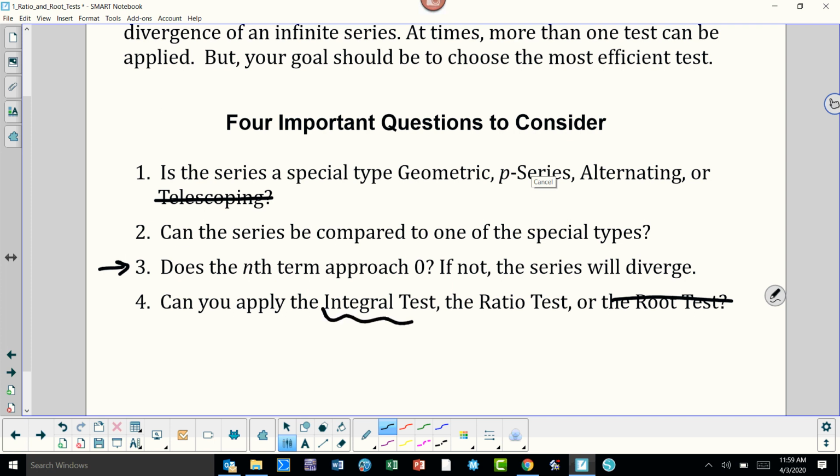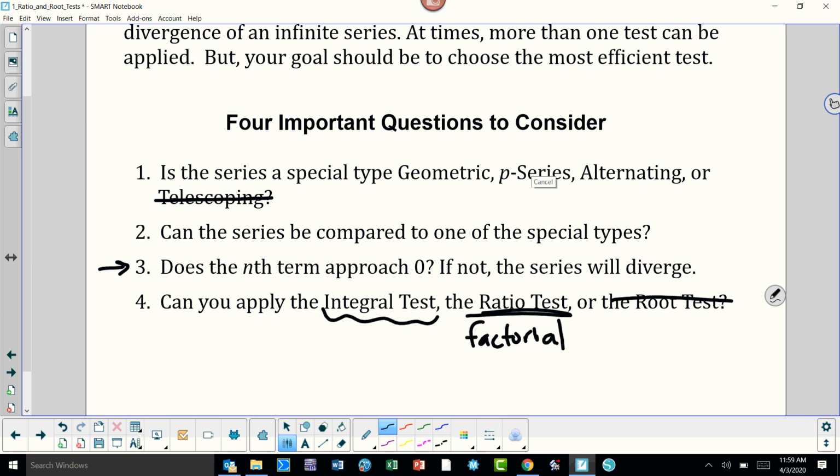I wouldn't consider it unless I look at it and know how to integrate that. Then I make sure it's decreasing, continuous, and positive, and then I can do that test. Ratio test, if you have factorials. As soon as you see a factorial, jump right to the ratio test. That's how I would handle that.